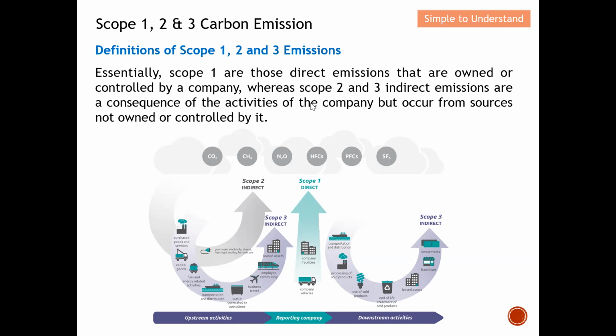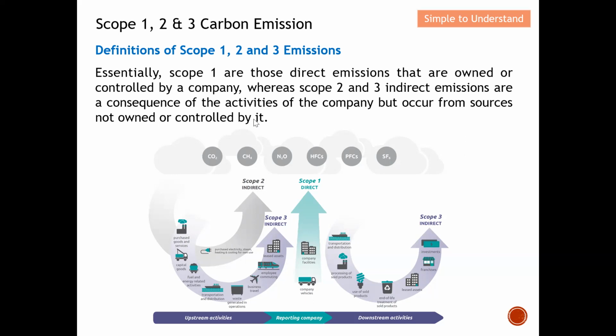Whereas scope 2 and scope 3 are called indirect emissions. They are a consequence of the activities of the company, but occur from sources that are not owned or controlled by it. For example, a company definitely needs power to function, correct?